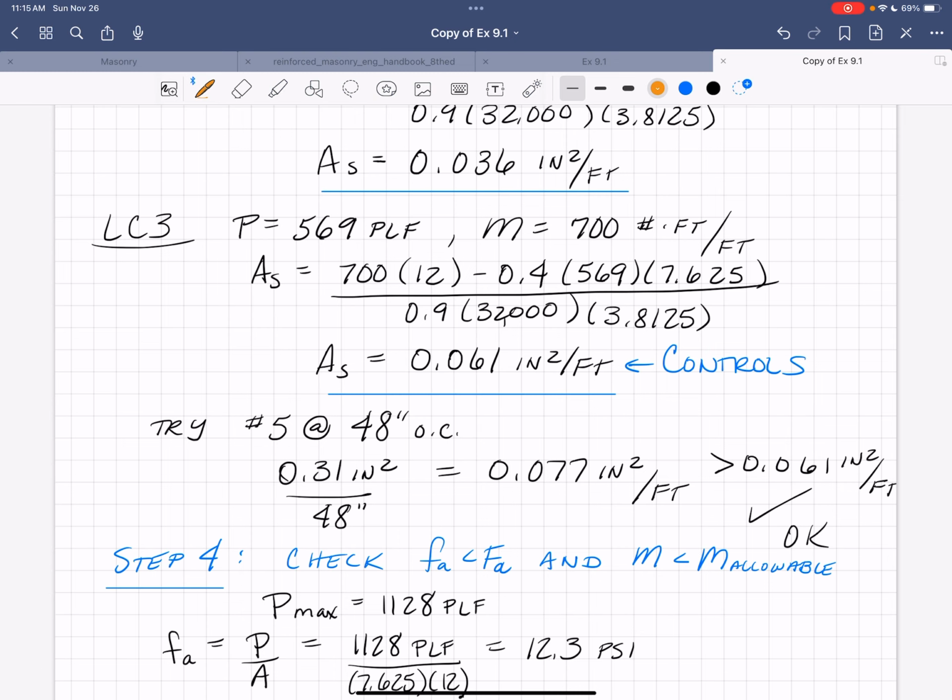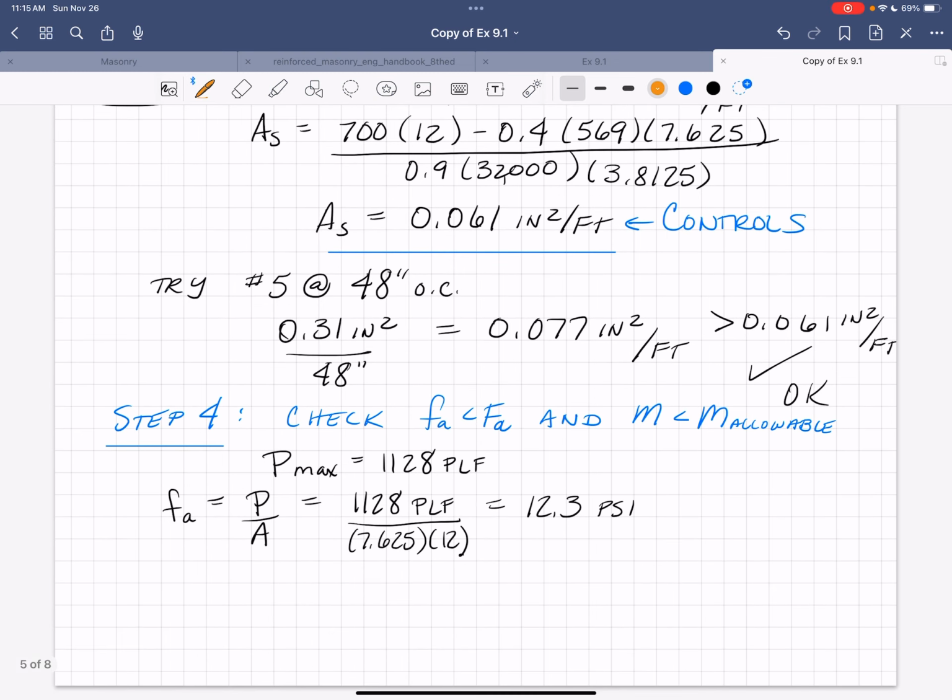So I'm going to pick the type and number of bars based on that required area of steel. I'll try number 5 at 48 inches, and then I can go up or down depending on how that lands, remembering that I want a multiple of 8 for this CMU. A number 5 is 0.31. I'm going to put it every 48 inches, which gives me 0.077 inches squared per foot of wall.